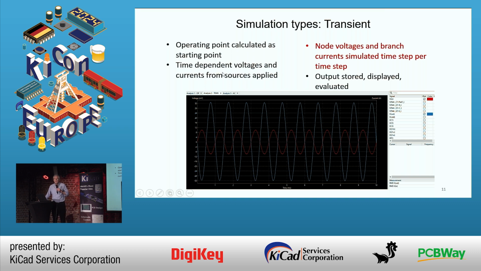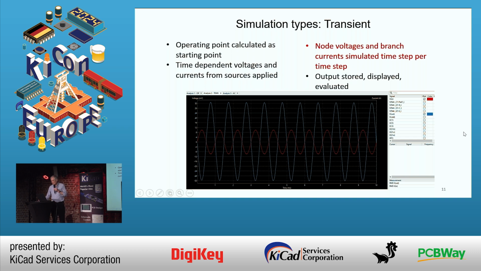Well, the DC voltage is hopefully not time-dependent, but the AC, of course, is. And then we do a simulation where all node voltages and branch currents are calculated time step per time step. So the simulator makes tiny time steps and calculates the voltages and currents.